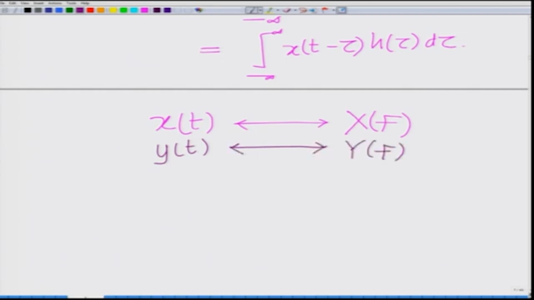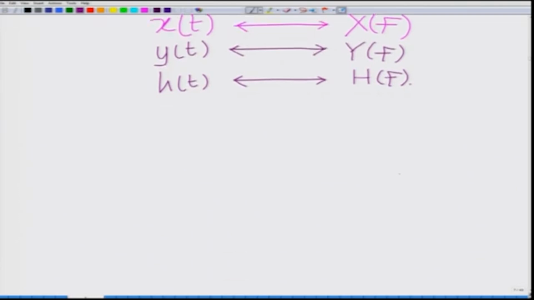Let the Fourier transform of the impulse response h(t) be H(f). Then in the time domain y(t) equals x(t) convolved with h(t).